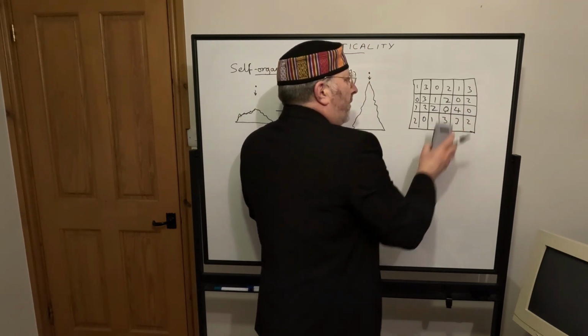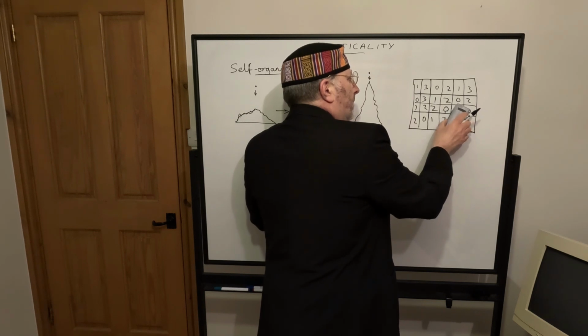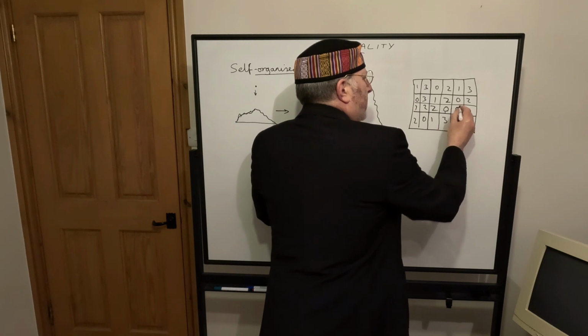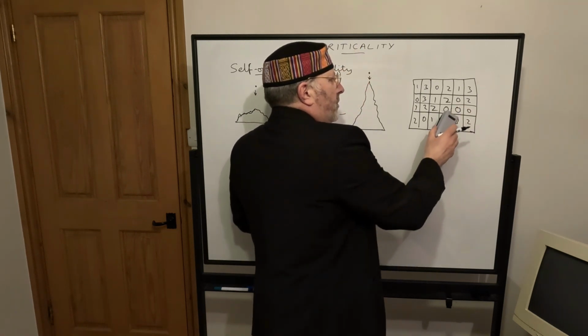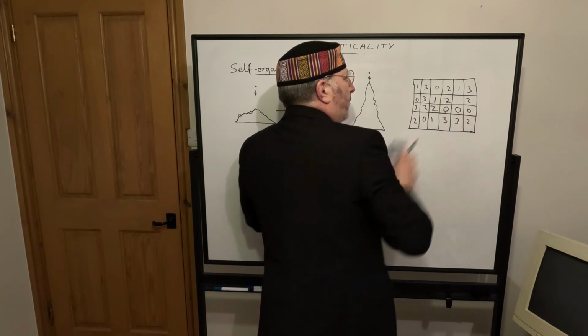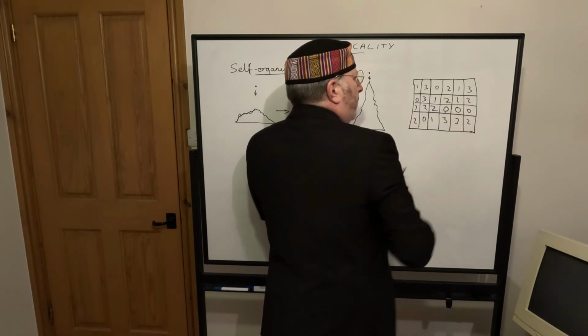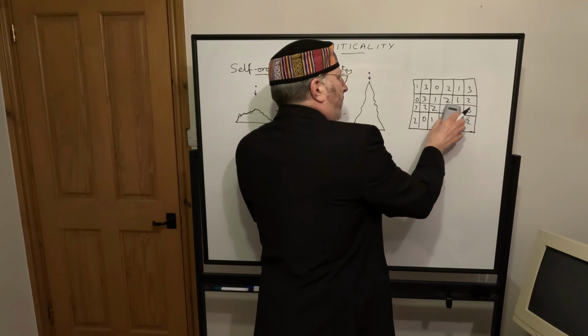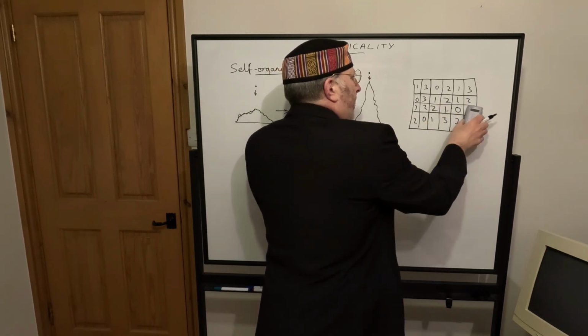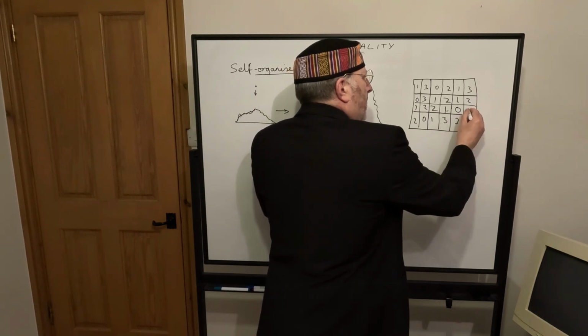But because there's 4, that's now going to topple. So that will go back to 0. And we now add 1 north, south, east and west, so that goes to 1 because that's at 0. This is 0, so this is now back to 1. This is 0, so that's 1.